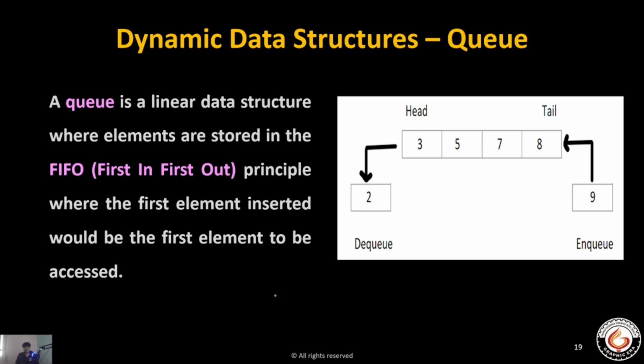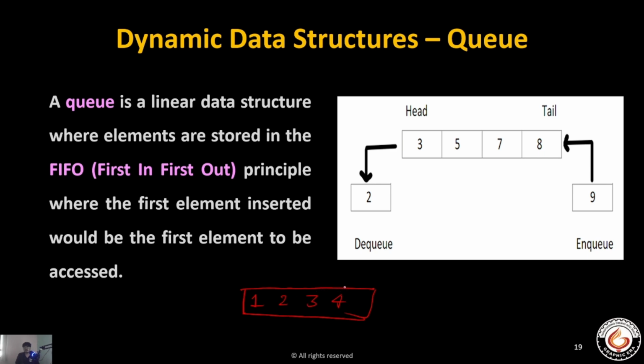Okay. For example, this is a queue. Firstly, we have inserted 1, then we have inserted 2, then 3, then 4. Or we can say that firstly we pushed 1, then we pushed 2, then 3, then 4.